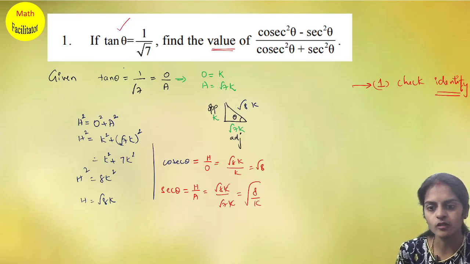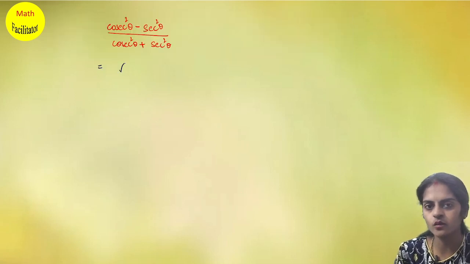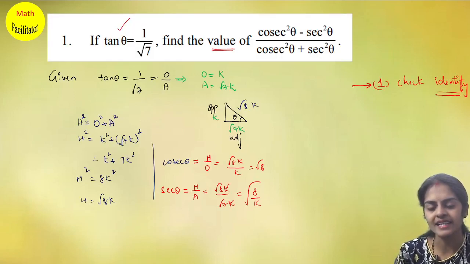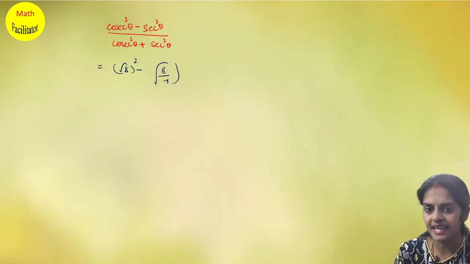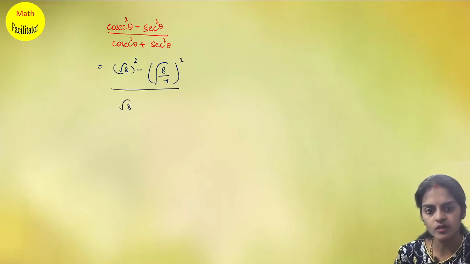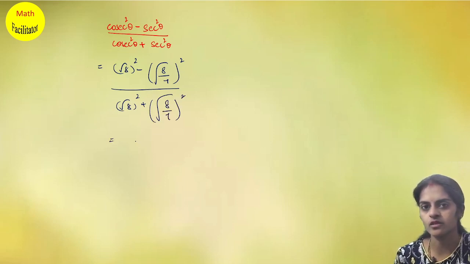So this is nothing but cosecant is root 8, so root 8 whole square minus secant is root of 8 by 7, where k gets cancelled, the common ratio gets cancelled, whole square, by root 8 whole square plus root of 8 by 7 whole square. So squares and square roots get cancelled. So this is what you have.